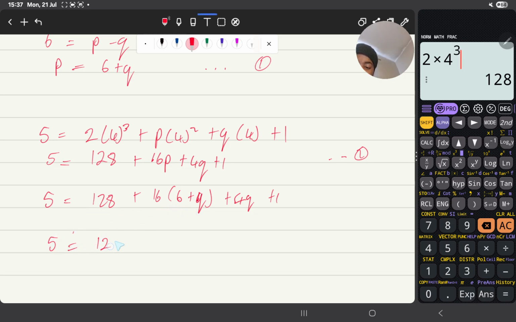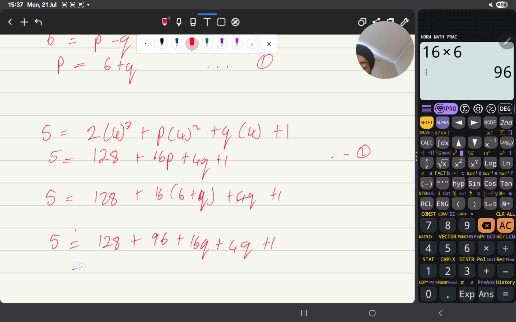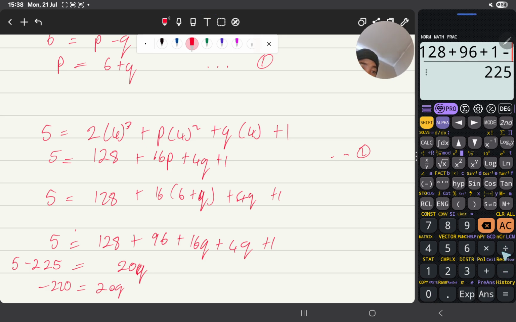5 equals 128 plus 16 times 6, 96, plus 16q plus 4q plus 1. I add all the numbers: 128 plus 96 plus 1, I'm getting 225. So this side I'll have 5 minus 225, which is minus 220, and this side I am going to have 20q.